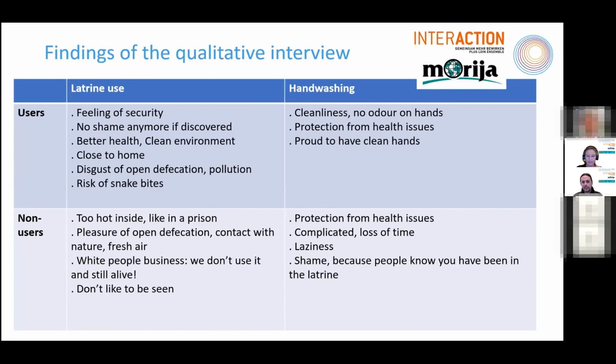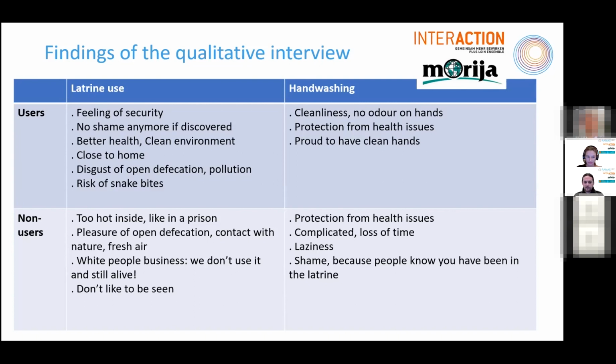On hand washing, the users argued that the odor on the hands is something they were disgusted by, so the feeling of cleanliness was important to them. Of course, they knew that it would protect them from health issues, and they were proud to have clean hands.